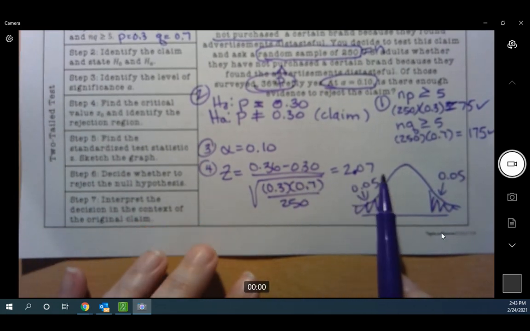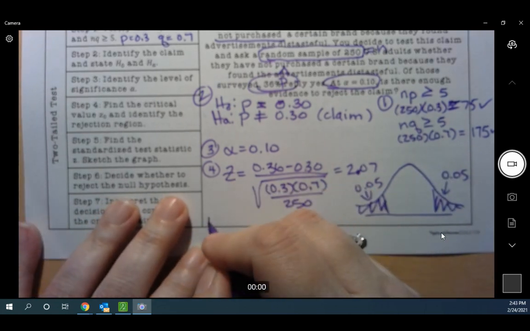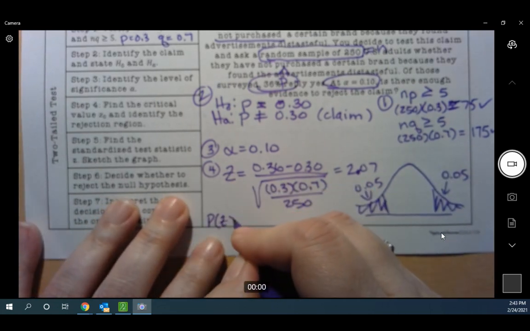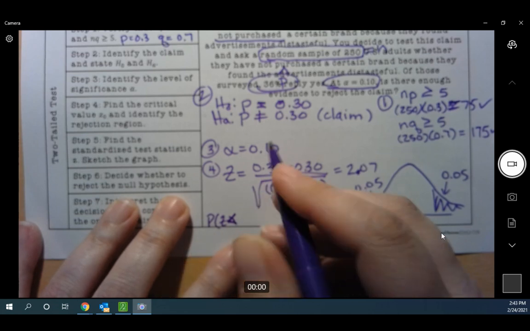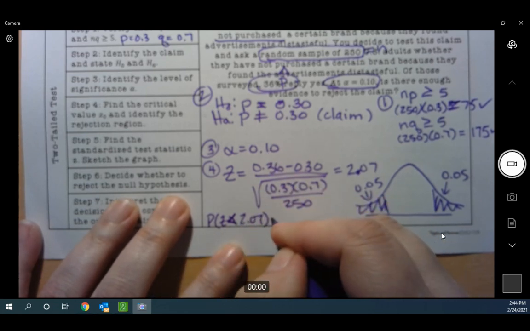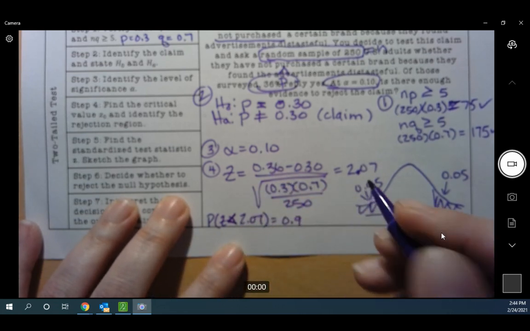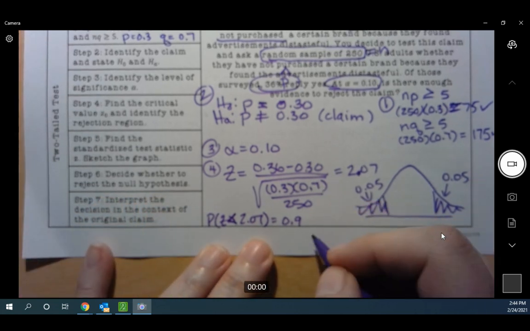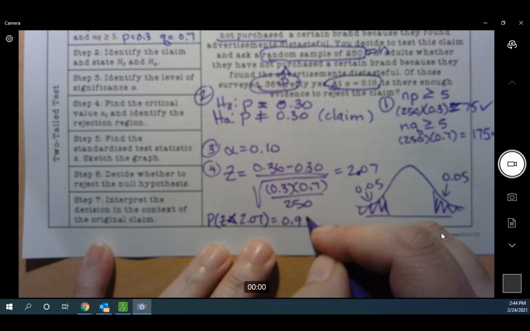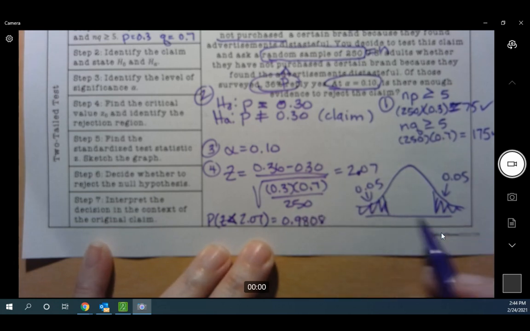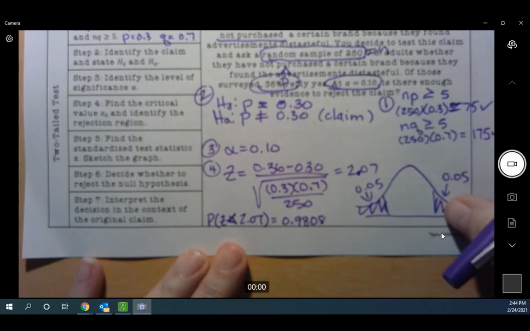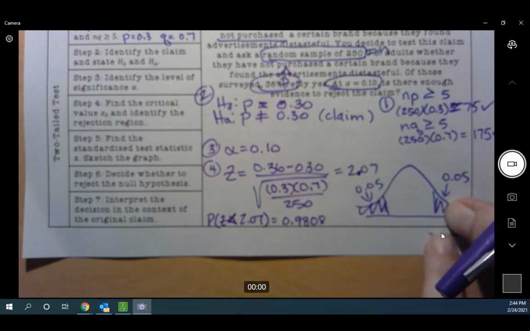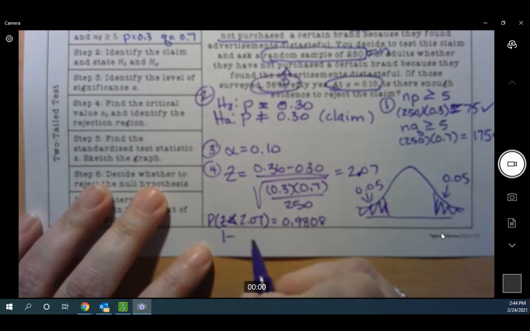So if it's 2.07, you said the probability that Z is less than 2.07 was how much? 0.9808. So this is all the way out to wherever it lands. That's the shading all the way up to that. So we actually have to do 1 minus that to figure out what our p-value actually is.